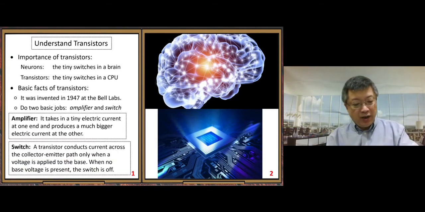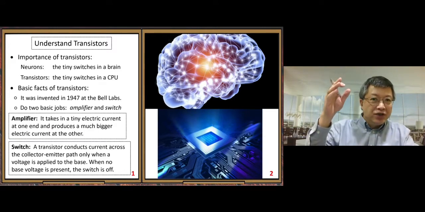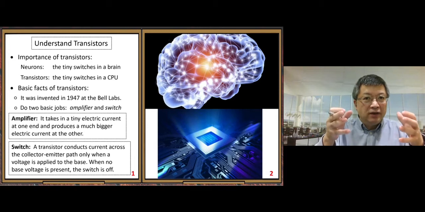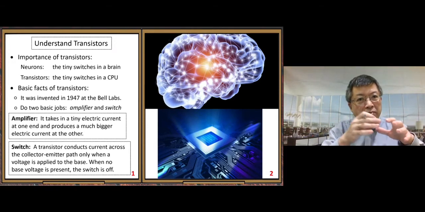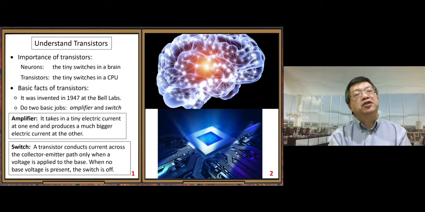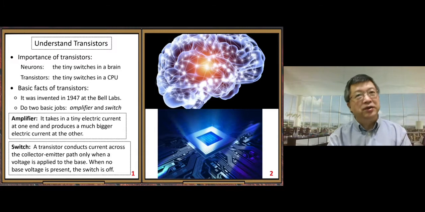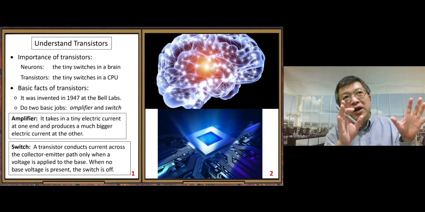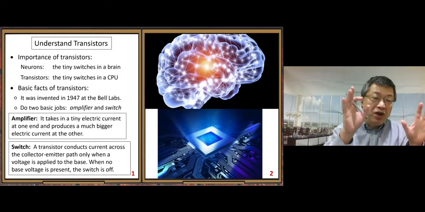All right. Then the second one, even more important than the first property: the switch. A transistor conducts current across the collector-emitter path. Here some special terminology is used, but we do not really need to know the details. Some of the details we can skip. We just need the general idea.